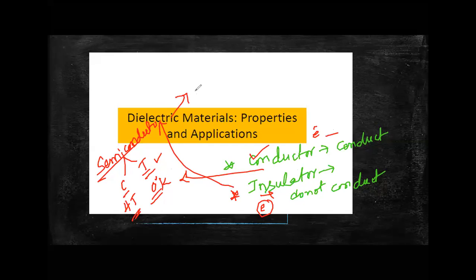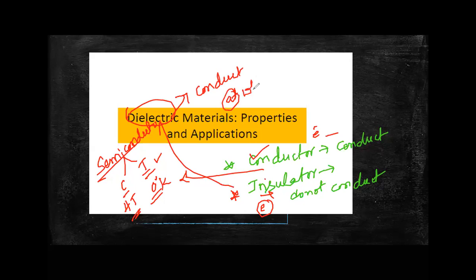The next one is actually generated from the insulators, which is the dielectric material. So what is that type of material? Dielectric materials are insulating materials, but they do conduct at a certain electric field.